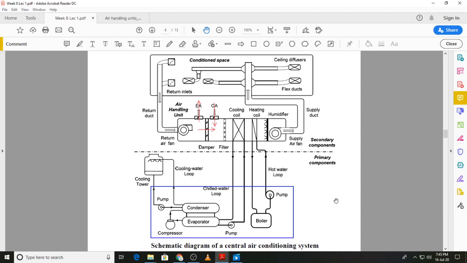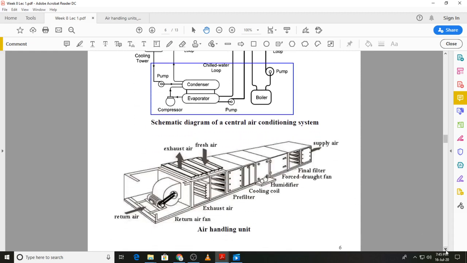We will now look at another view of the AHU, and you can see all those panels. It's like a large cabinet with access panels that allow you to service various parts of the AHU. So you have dampers, you will have blowers, you will have filters, and the heating cooling coils.